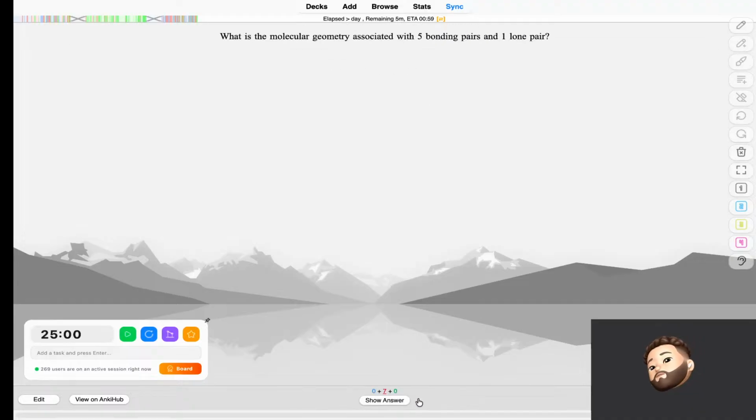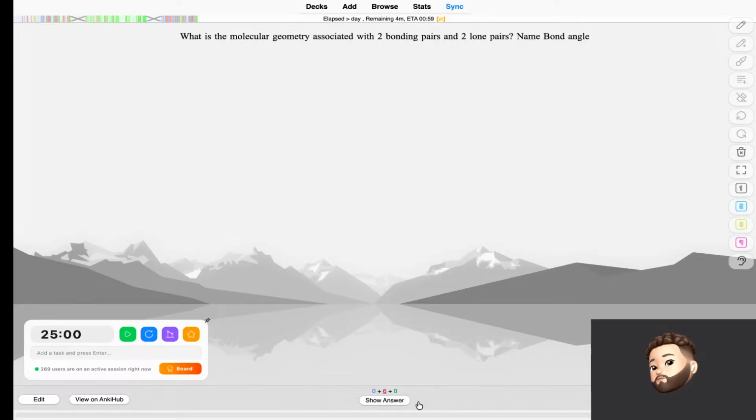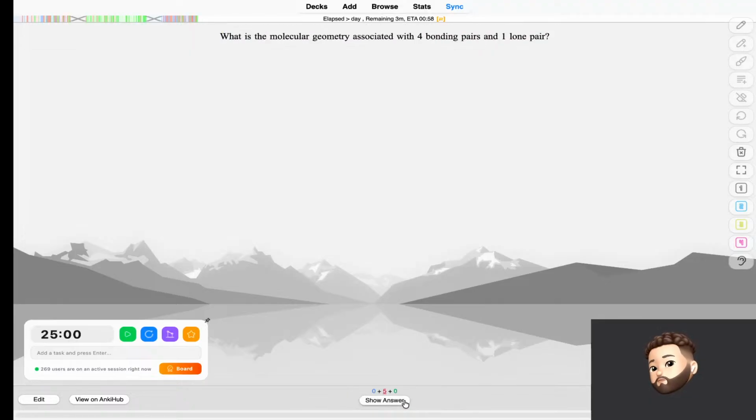What is molecular geometry with five? Square pyramidal, 90, 180. Two and two: bent, 104.5. Associated with four and one: seesaw, 90, 120, 180.